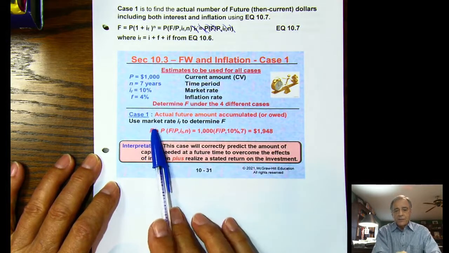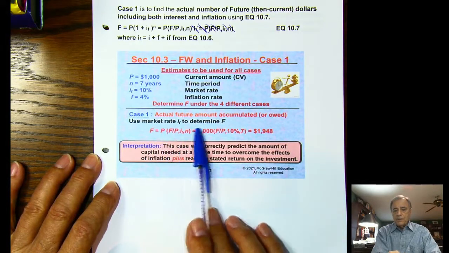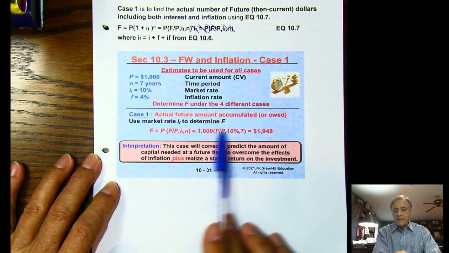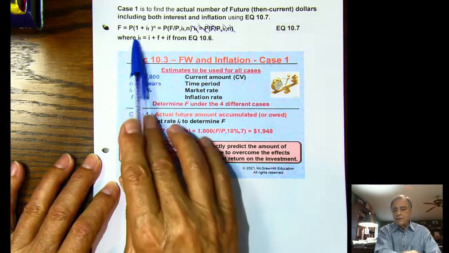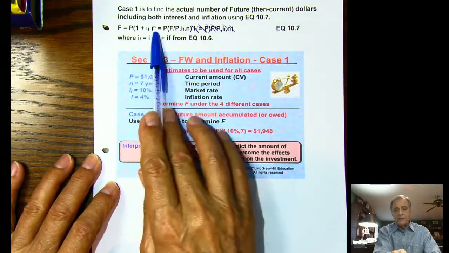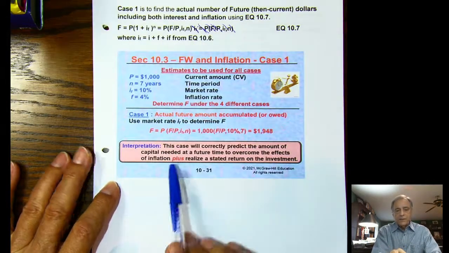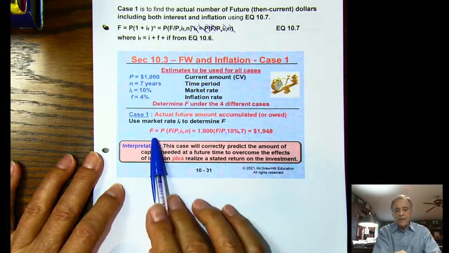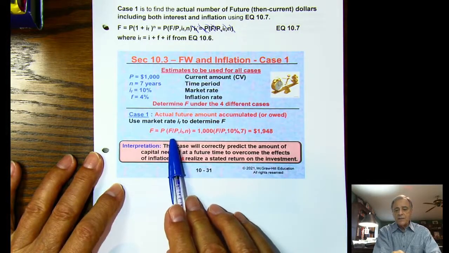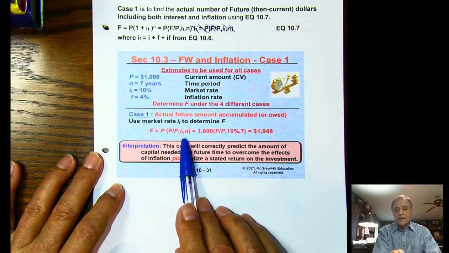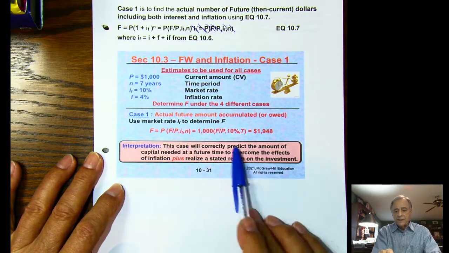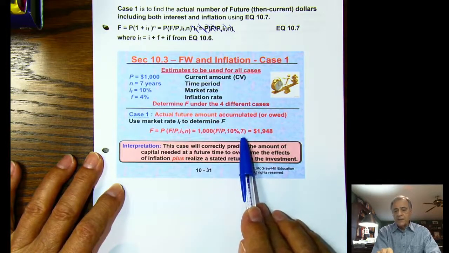Okay, so you use the market rate and you find f, so that is equation 10.7. We just plug into equation 10.7, f equals p times f given p, I sub f, and n. I sub f is 10%, n is 7.